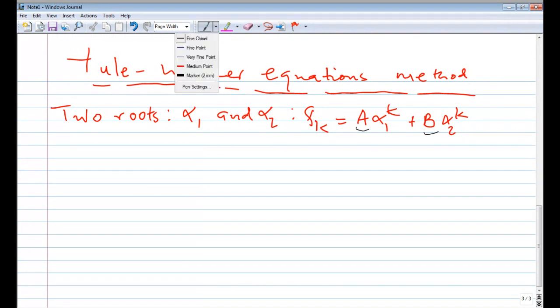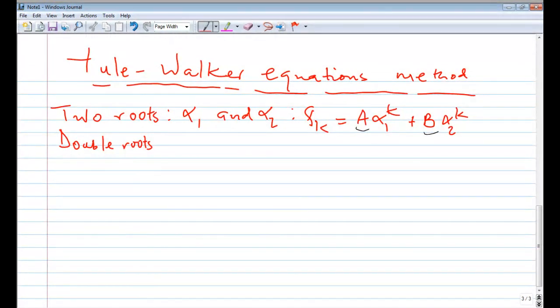Now, what if you have two equal roots? We call them double roots. Sir, what did you say about A and B? A and B are constants. You are going to calculate them, and I will show you how to calculate those A and B. But this is the equation that you are going to use to find the autocorrelation function.